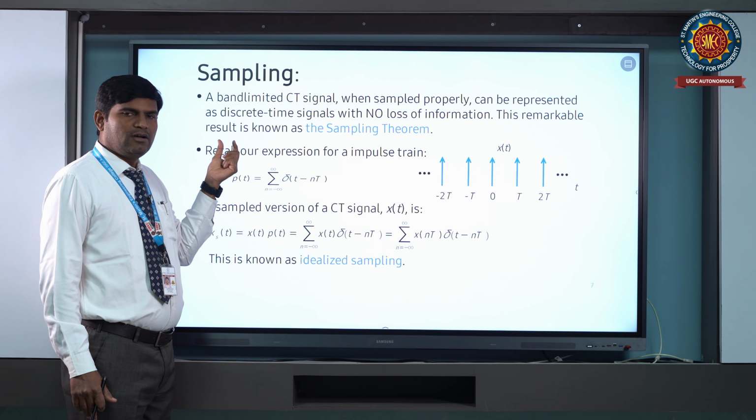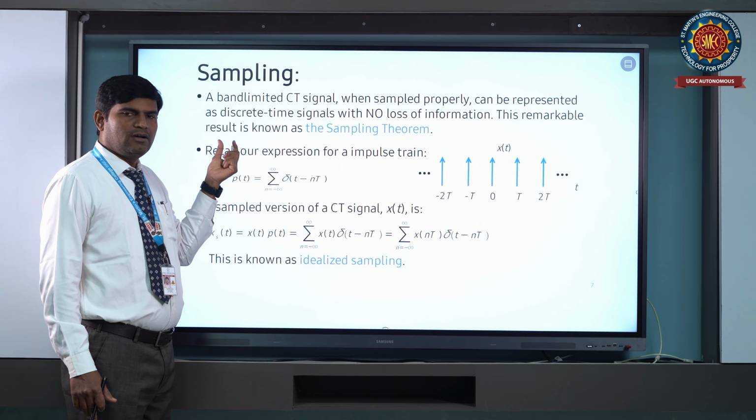This signal is substituted here in place of P of t, which gives summation 1 by T into x of t e power j k omega naught t. So this is all in the time domain.